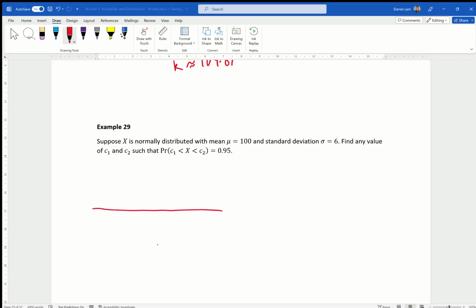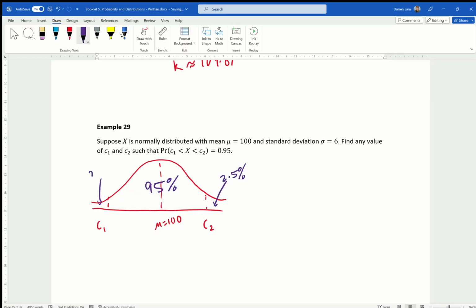Again, just like with our Venn diagrams, it's a little bit easier if I just graph this. I know that this needs to be 95%, this section in the middle. Well, by that logic, this one's going to be 2.5%, and this one's also going to be 2.5%.